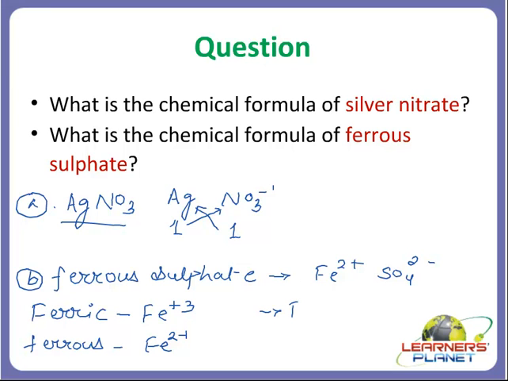So what will the formula become, students? This is the ferrous ion combining with the sulfate ion giving you ferrous sulfate, that is FeSO4, right? Now if I have to write the formula of ferric sulfate, sorry, I'll write it correctly. It is ferric sulfate.